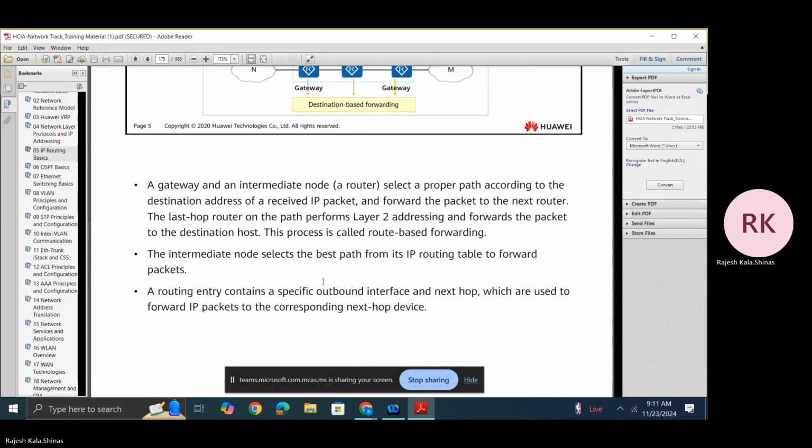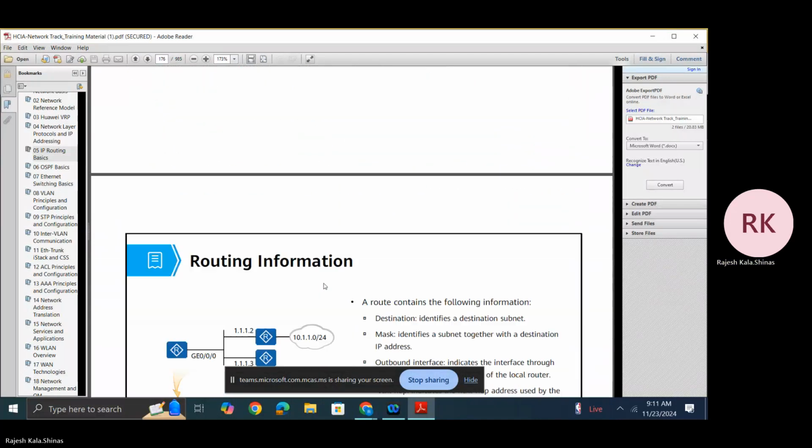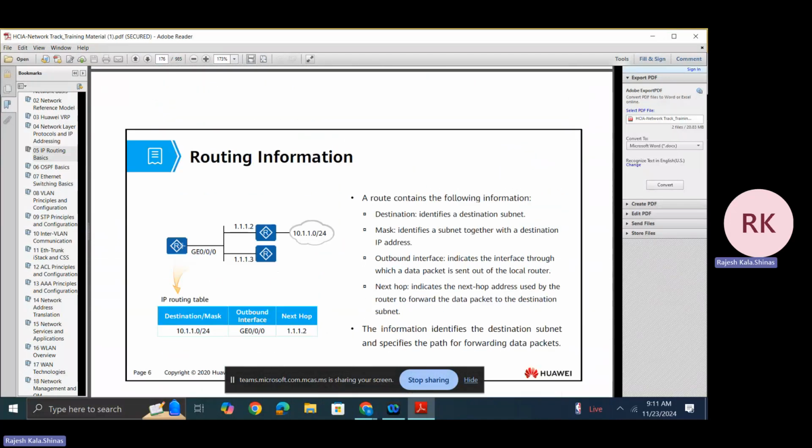See here, we have routers R1, R2, R3. R1 has to reach 10.1.1.0/24, my destination network. In the routing table we have three fields in this example.